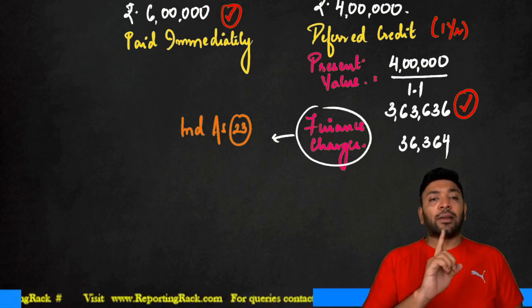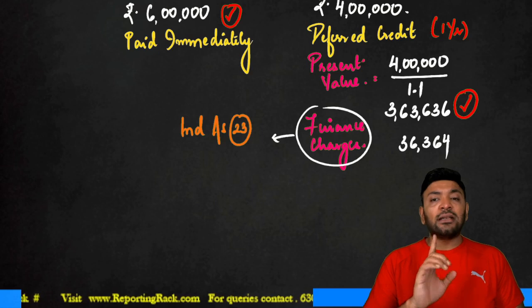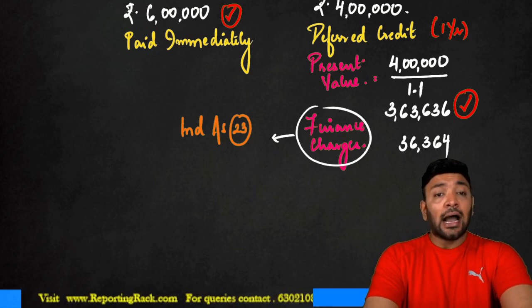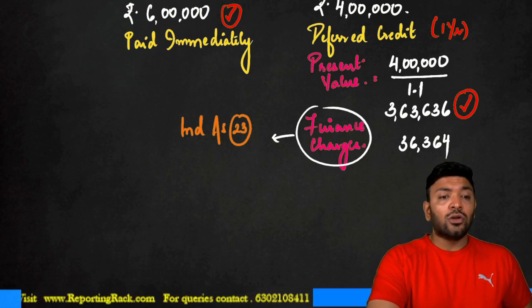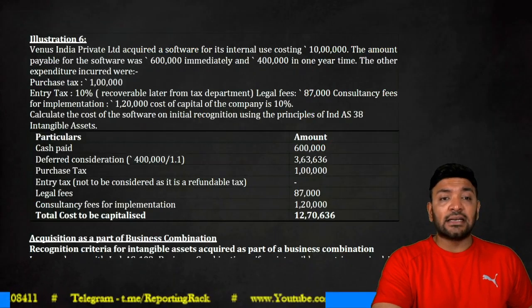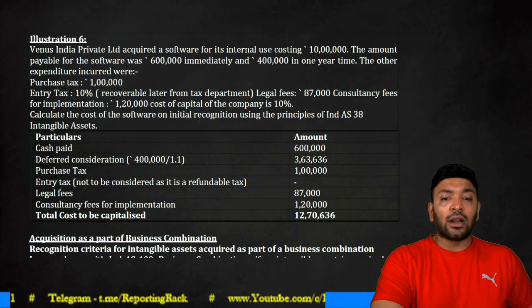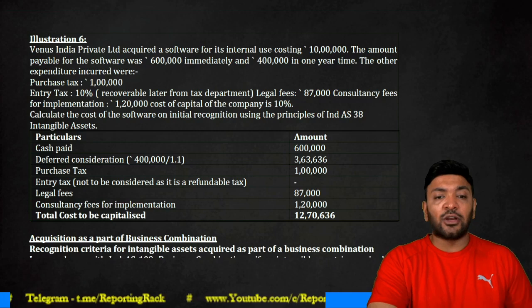The amount eligible to be capitalized is 9,63,636. However, there are some other costs also. So 9,63,636 plus what are the other costs which are eligible to be capitalized?